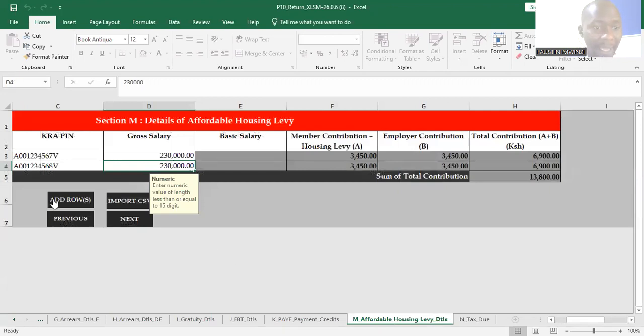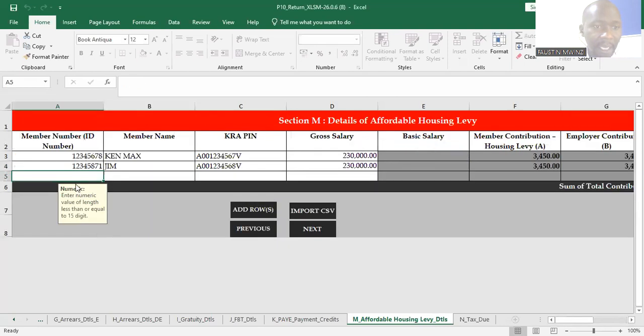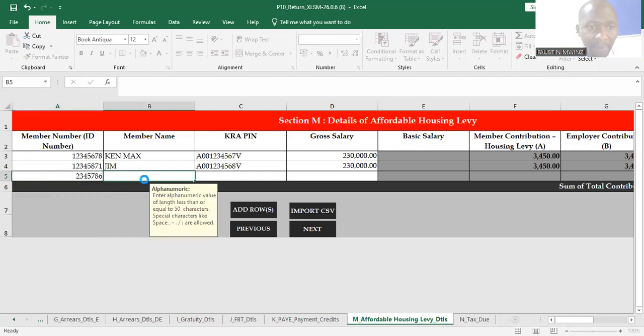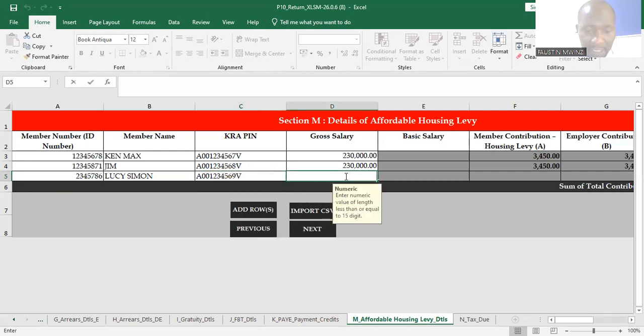So we must come here, add a row, just one, and we'll write the details of this employee, the ID number of that employee. I remember she was Lucy Simon. And enter a PIN, A0012345669V. And our salary was 200,000.